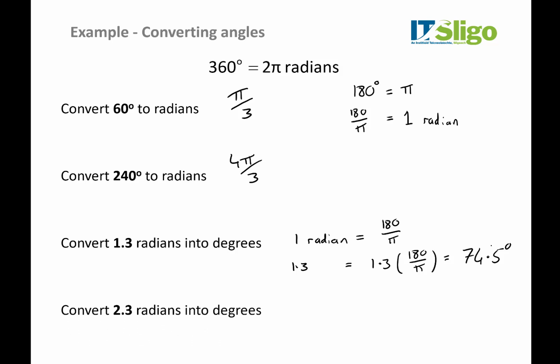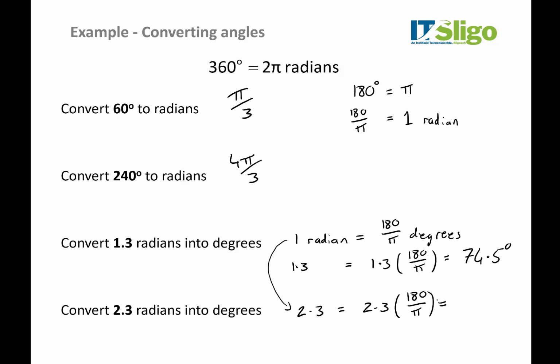Finally, same idea, 1 radian is this many degrees. So I just multiply both sides by 2.3. 2.3 radians is 2.3 by 180 over pi.